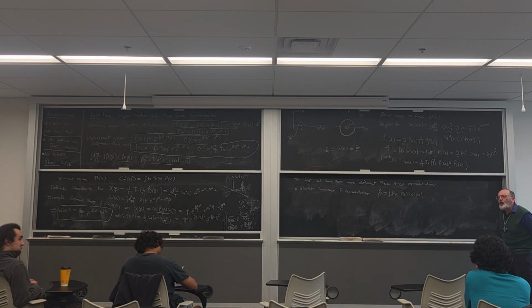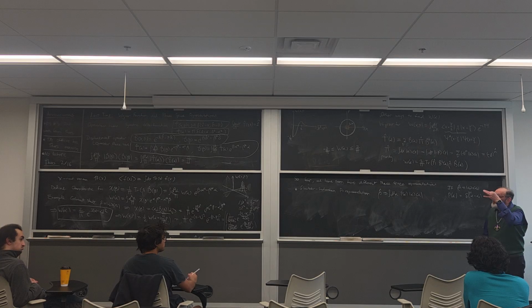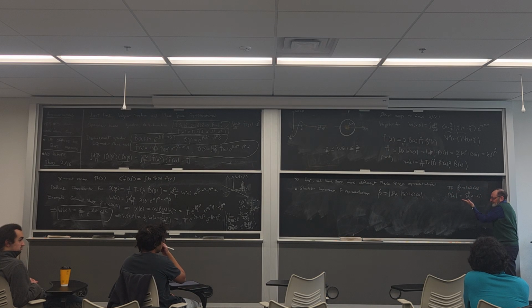Question, what is the P representation of a coherent state? It's a delta function. It's a point where alpha equals alpha naught. So unlike the Wigner function, which was a Gaussian centered around this, this is a point. Right? And we had other examples like this.